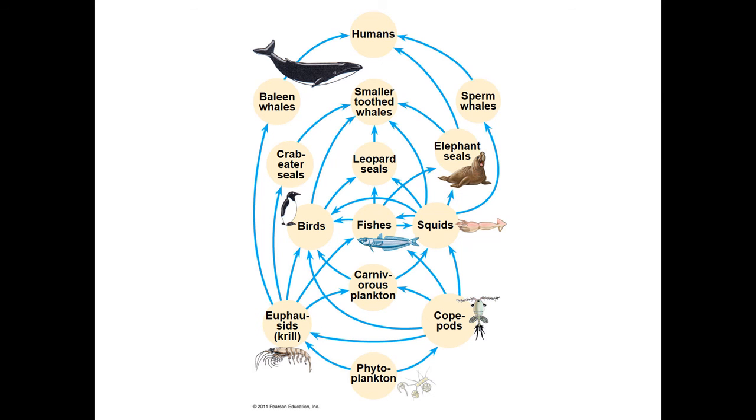And if we wanted to broaden out our view a little bit of feeding relationships in a community, a better representation is what we would call a food web. So a food web is a system of interacting and interdependent food chains.